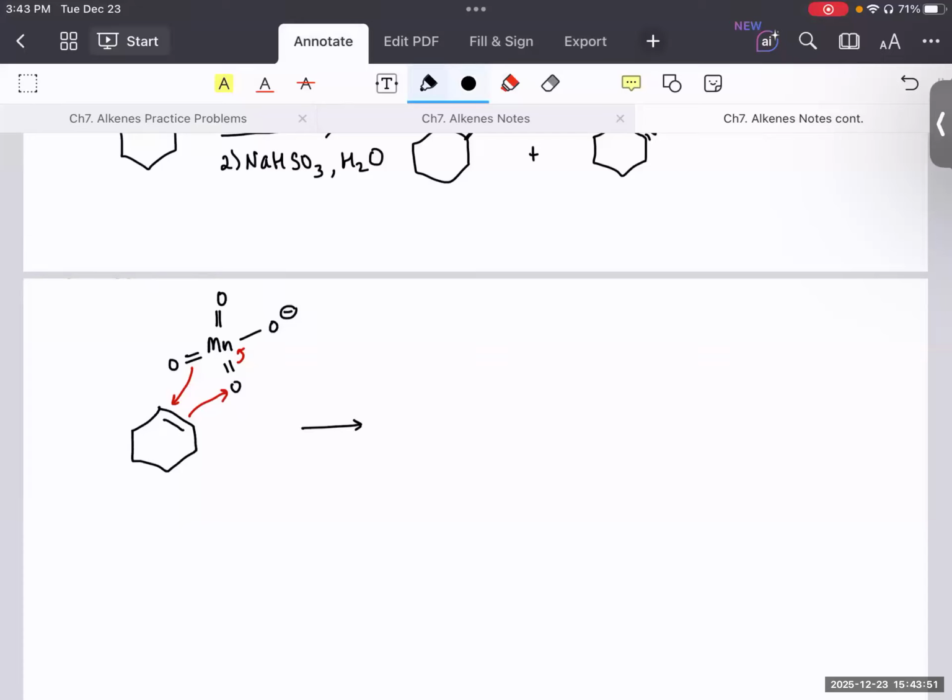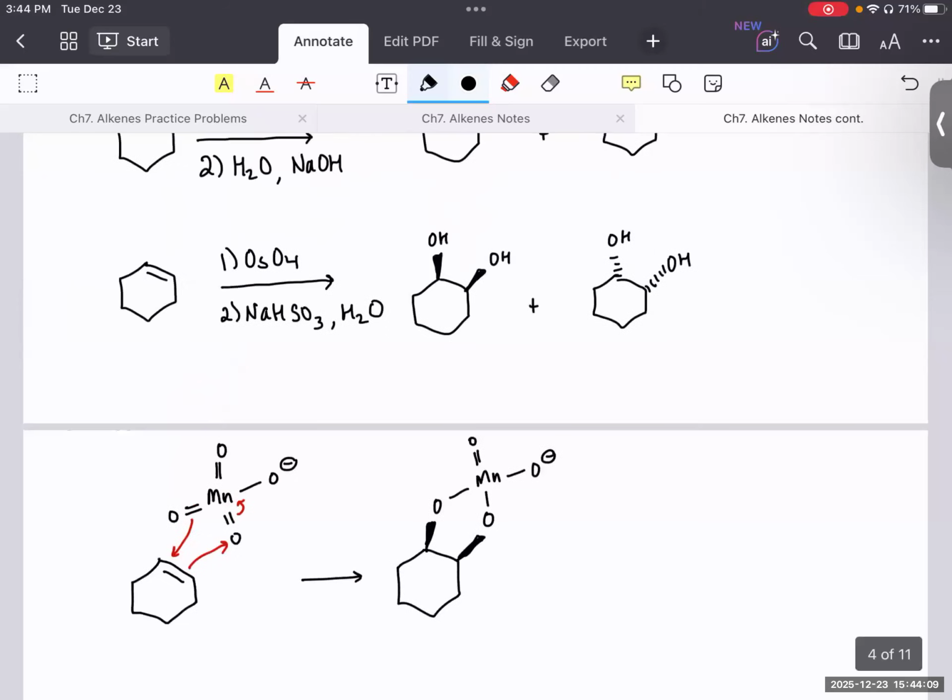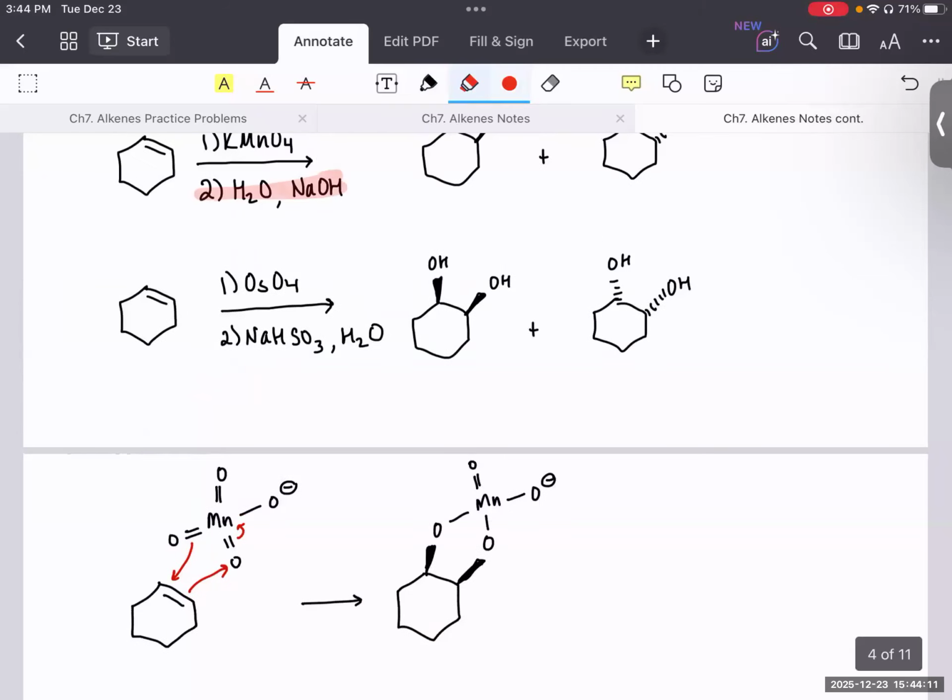And so then the intermediate that we get from that first step is where that manganate reagent ended up sitting on top of that alkene, and we end up getting this. Then in the second step of the reaction, the base comes in and basically breaks up this part of the complex.